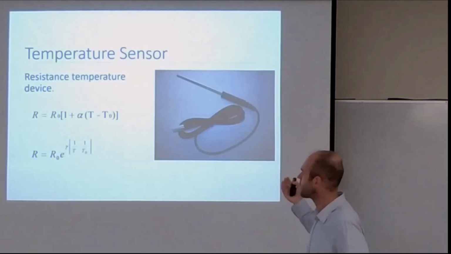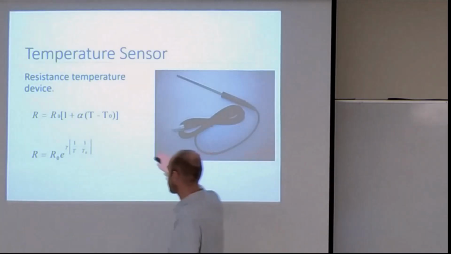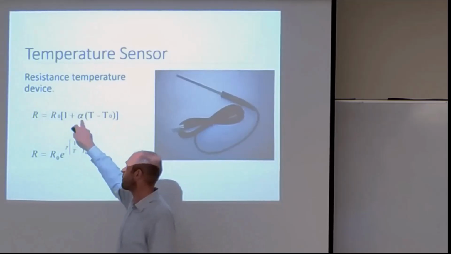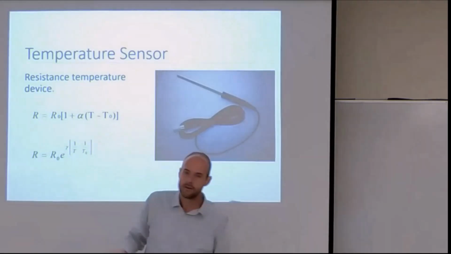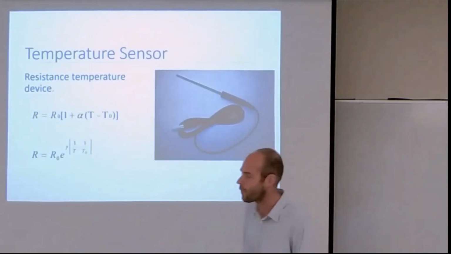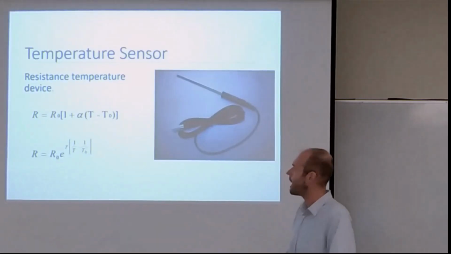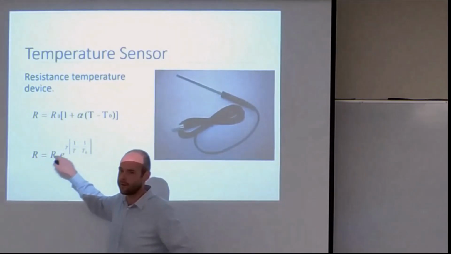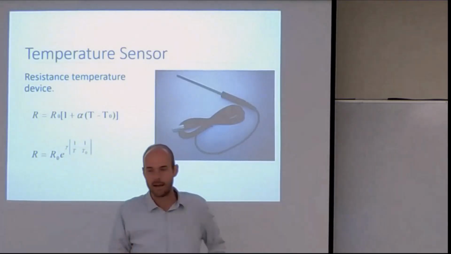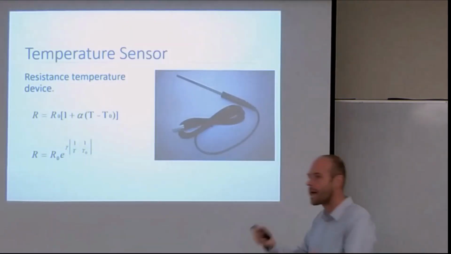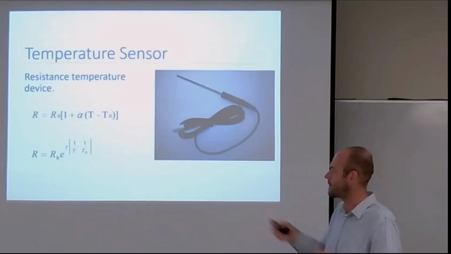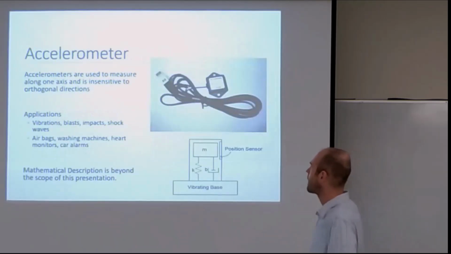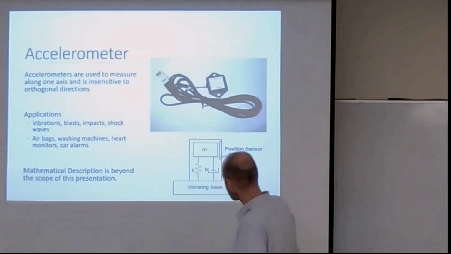You have resistance that changes as a function of temperature for most materials. Some have more change than others, and so there are more appropriate materials for temperature sensing. But essentially, you get a resistance change over changing temperature out of a lot of these types of sensors. And so that, again, gives you a quantity you can interact with: run a current, measure a voltage level, and you can see those changes, map them over time.